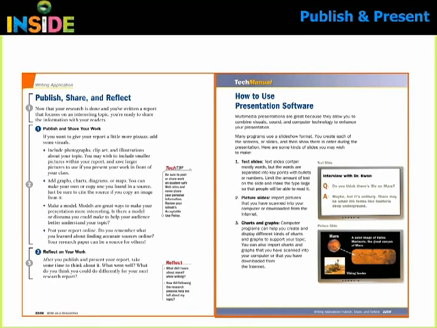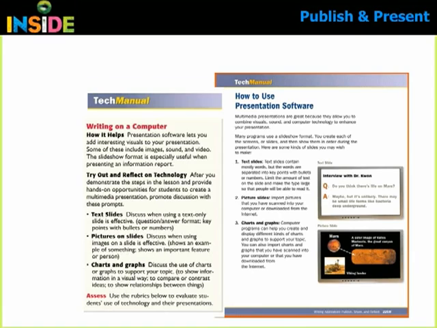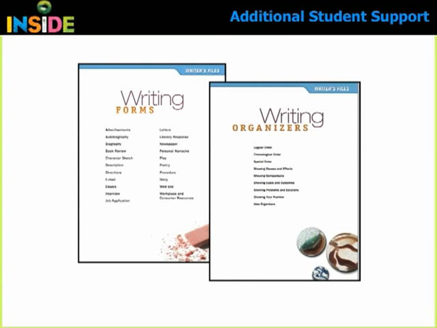Within Inside, students also have a variety of ways to publish and present their final projects. The teacher wrap includes opportunities to assess students' technology skills. Found at the end of each student writing book, there is an abundance of resources for student usage to further support them becoming great writers.